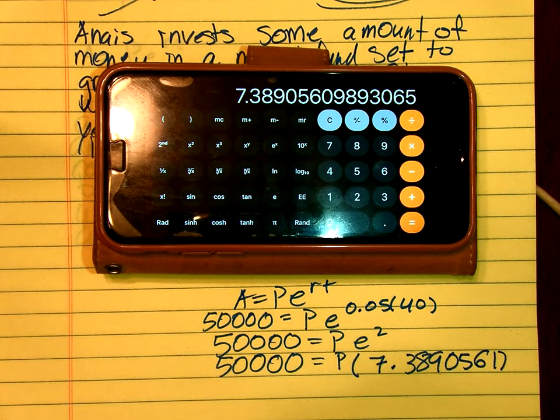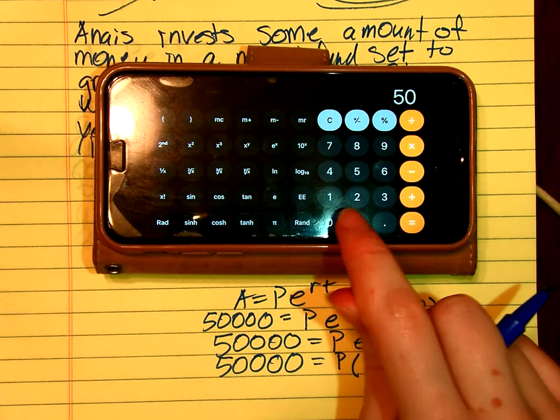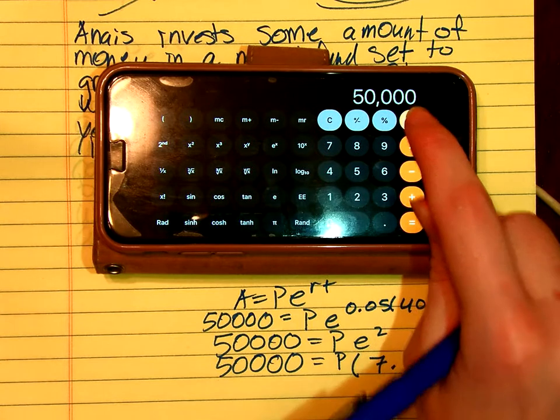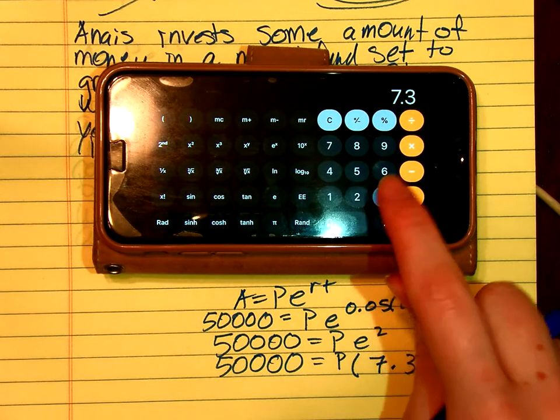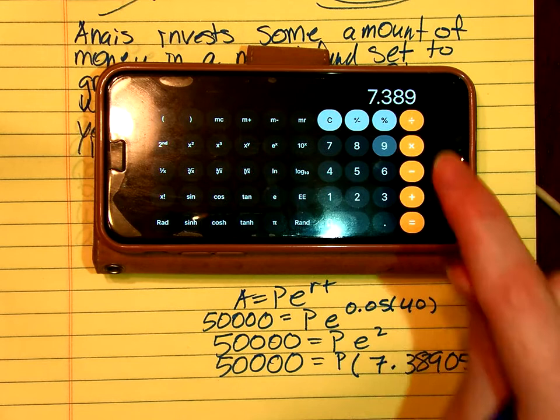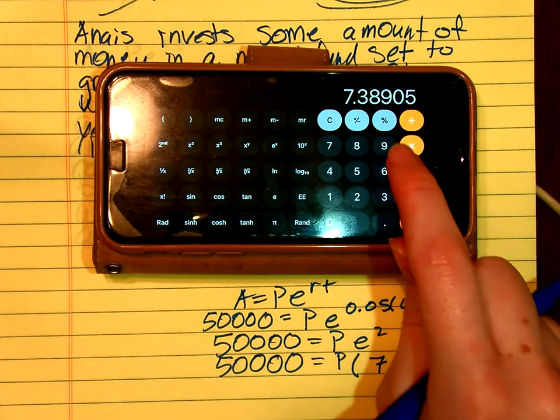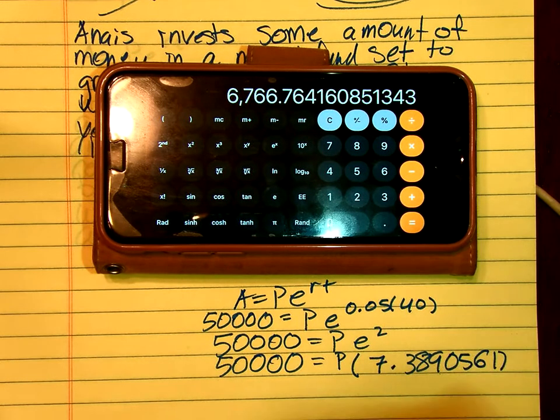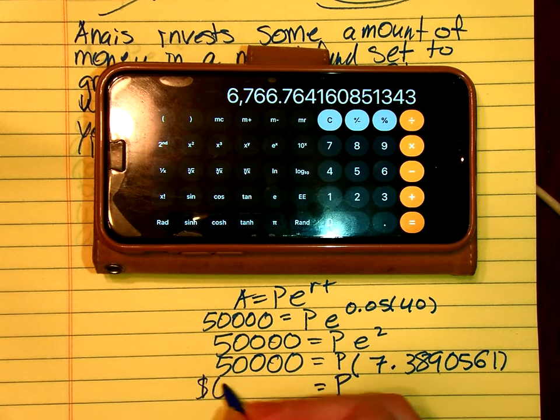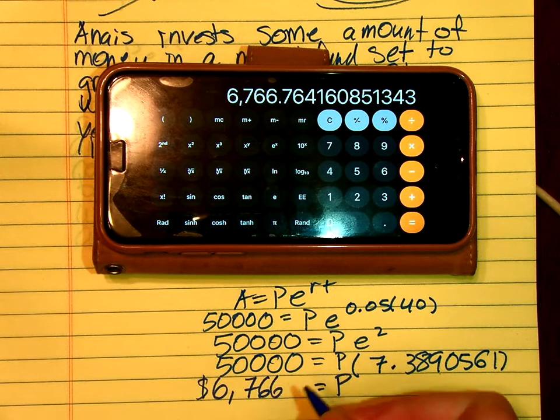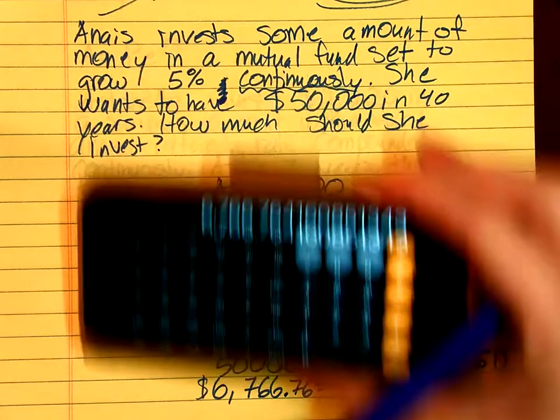Alright, now we're going to go ahead and take 50,000 divided by 7.3890561. I just sort of wrote down as many decimals as I could fit on the page. So you just need to invest $6,766.76 to do so. That's a great return on your investment.